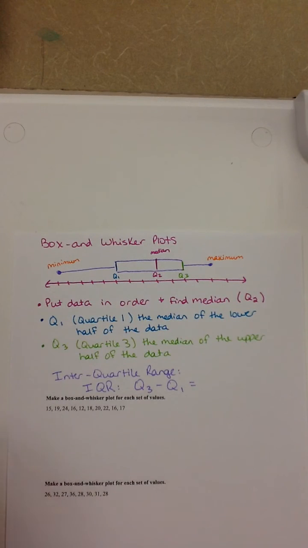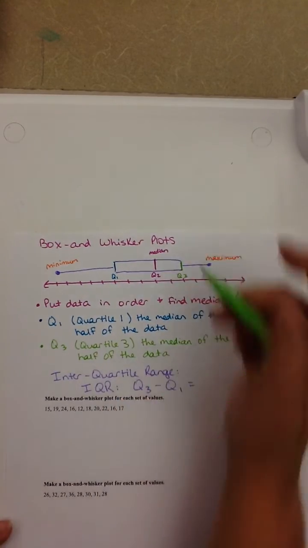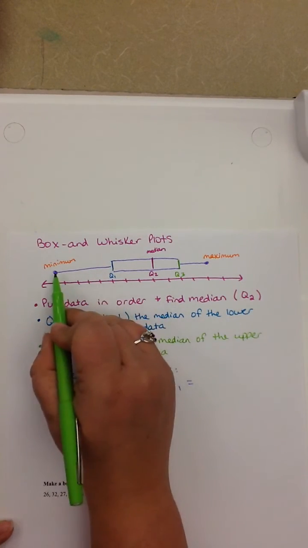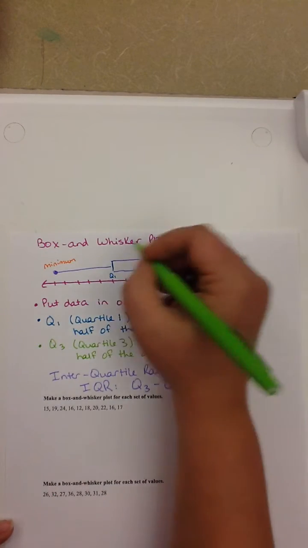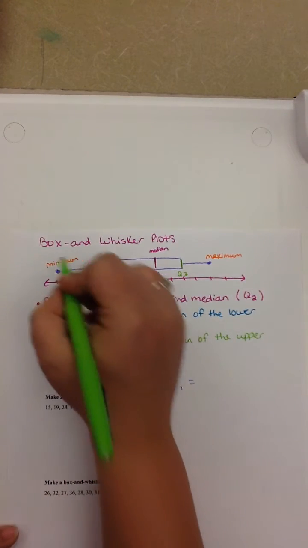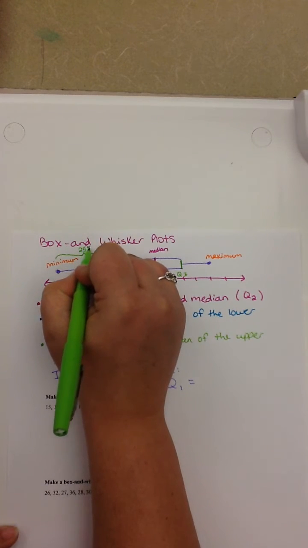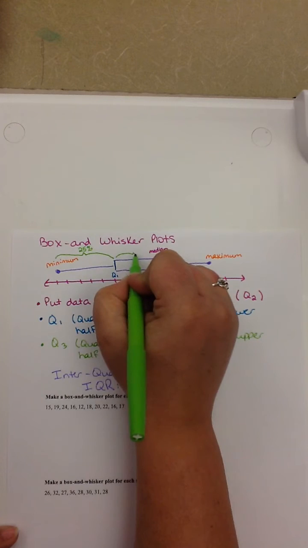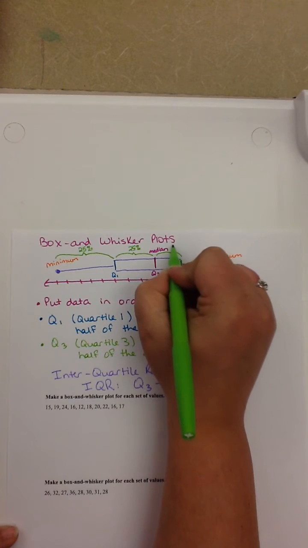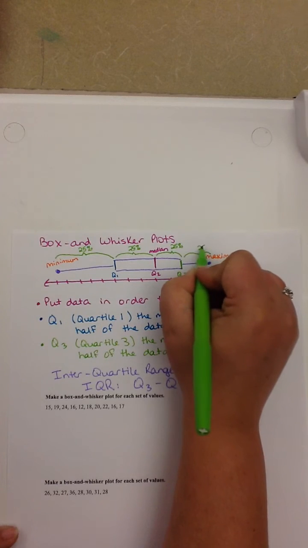Okay, so let's just talk a little bit about this box and whisker plot and how it's set up. If you think about this like money, this is all of our data, right? Then each one of these chunks represents 25% of our data. So there's 25% here, 25% here, 25% here, and 25% there.